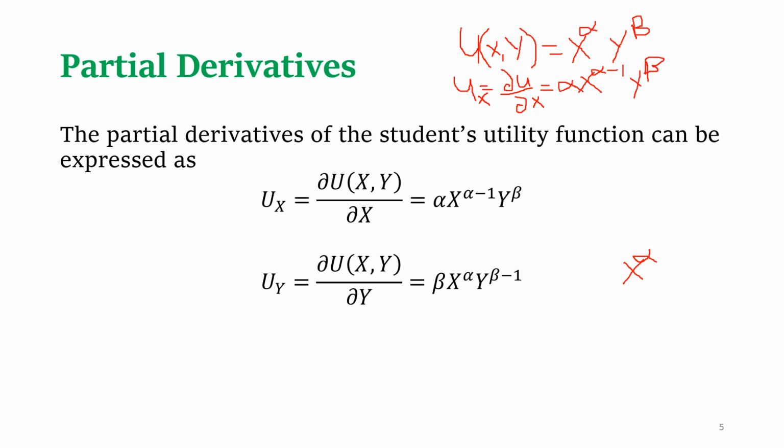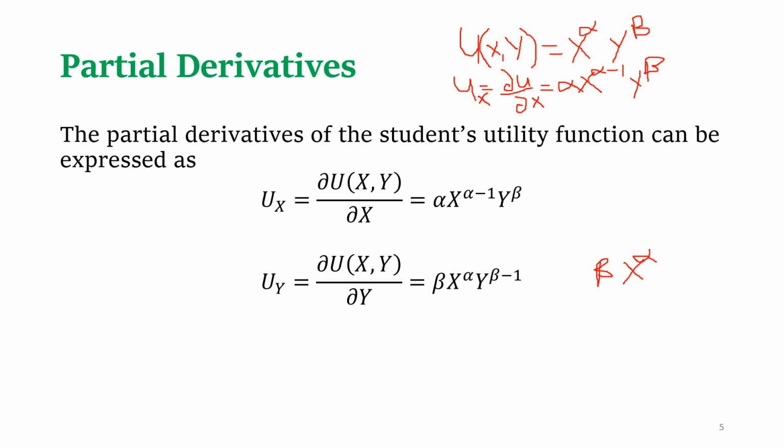And now, let us differentiate this y to the beta. Now, you know y has an exponent of beta, right? But the general rule says if you have y to the beta, you want to find the du/dy, you have to multiply that variable by what? By the exponent beta, right? So that is why you're going to have the beta here.